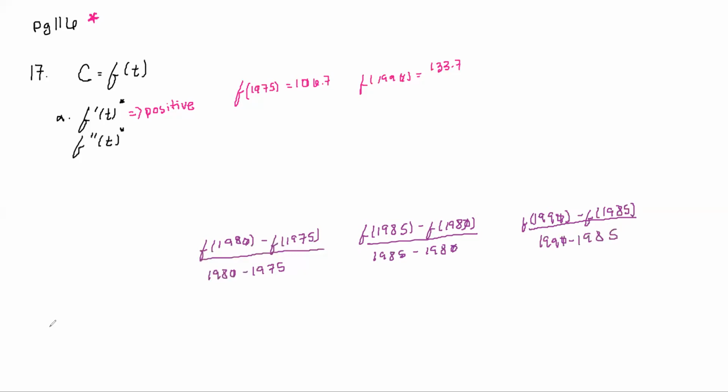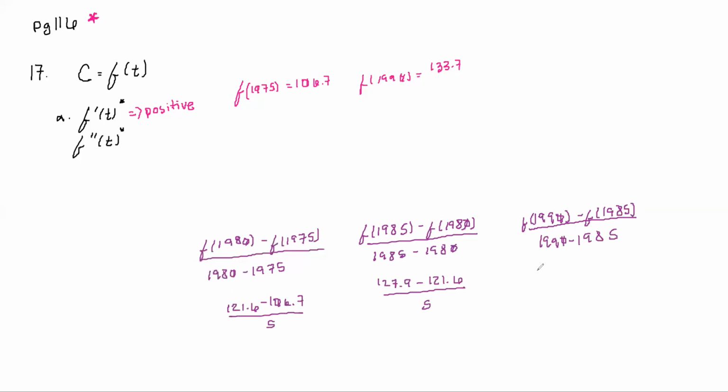Okay, so this is going to be 121.6 minus 106.7 over 5. This is going to be 127.9 minus 121.6 over 5.